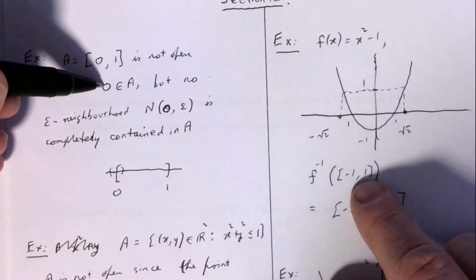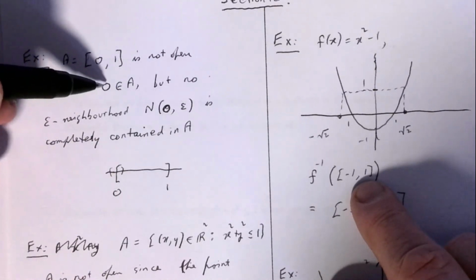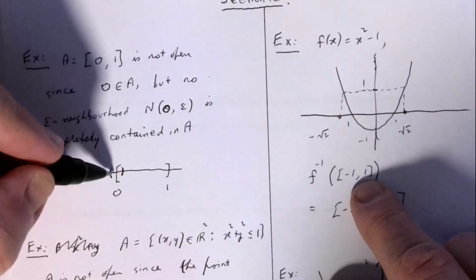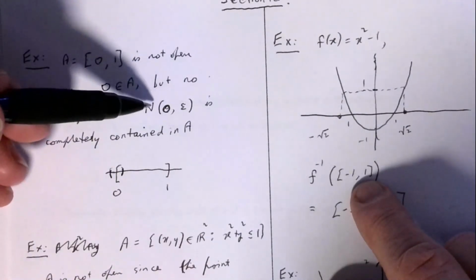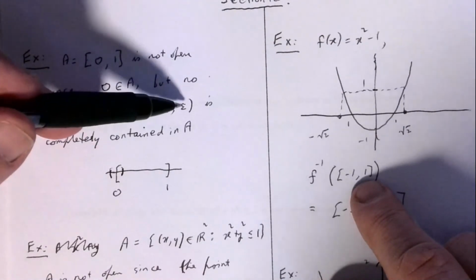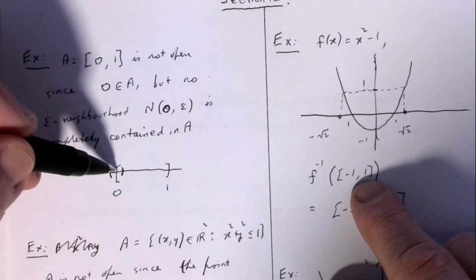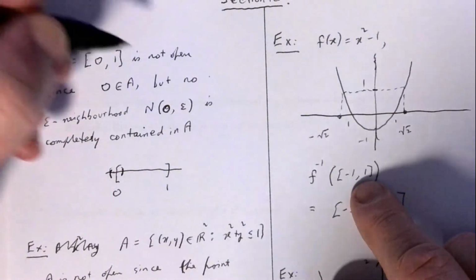The point 0 belongs to A because it includes the endpoints. But as soon as I put an epsilon neighbourhood around 0, no epsilon neighbourhood with centre 0, radius epsilon, for any epsilon, is completely contained in A, because part of the epsilon neighbourhood will go outside of the interval, and therefore this is not an open set.